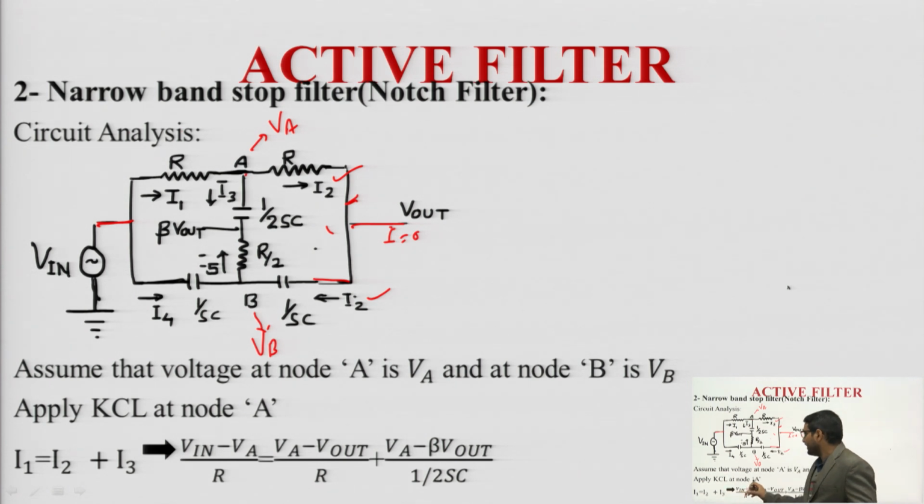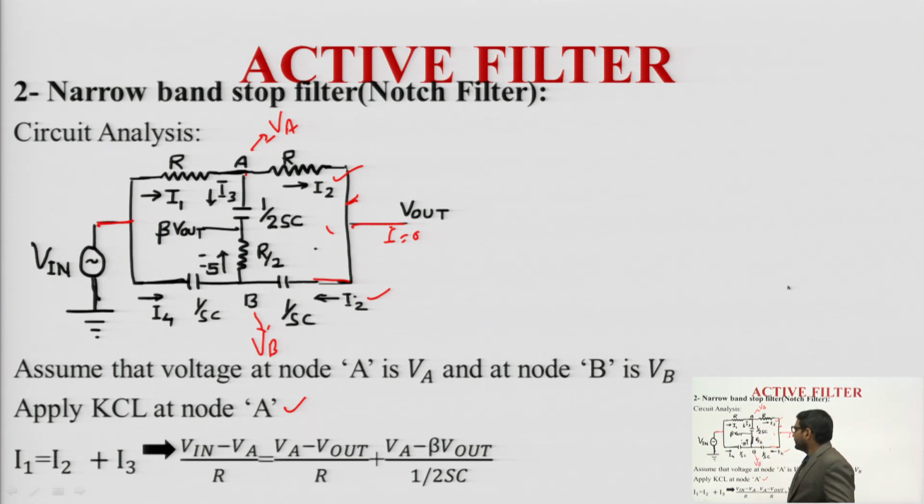So, first we concentrate on V A. We apply the KCL at the node A: I1 equal to I2 plus I3, and here I1 equal to V A minus V in divided by R, and I2 equal to V A minus V out divided by R, and I3 equal to V A minus beta V out divided by 1 upon 2 SC.